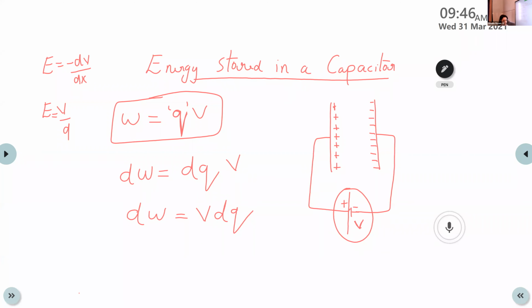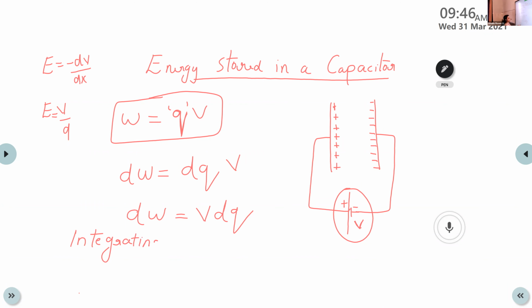And again, how can we calculate the total work done from this expression? Do you remember the step? Here dW is equal to V into dQ. How can we calculate the total work done? Integral. Yes, very good. Here we are going to integrate.